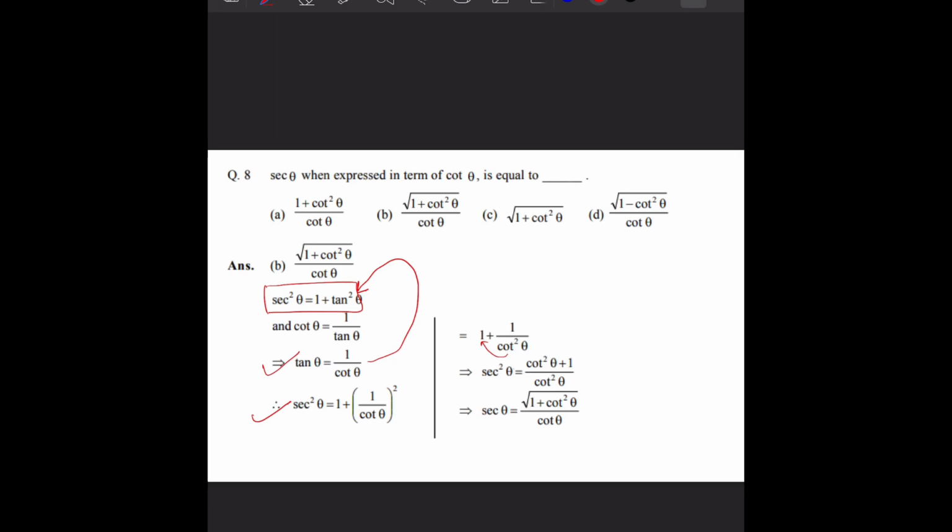Square root on both sides. The square root of cot square theta will be cot theta, and the square root of 1 plus cot square theta will be square root of 1 plus cot square theta. What is my correct option? My correct option is option B. Let's move on to the next.